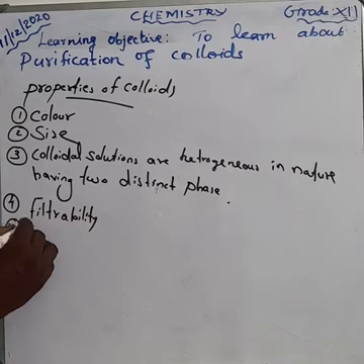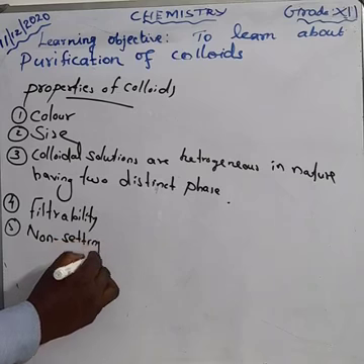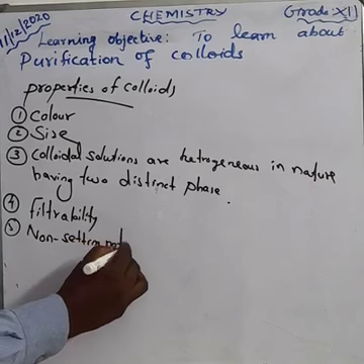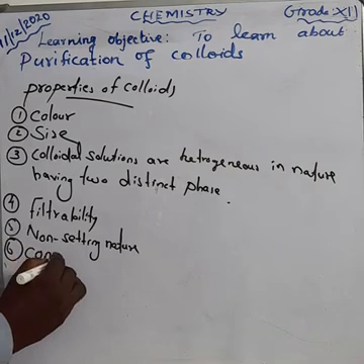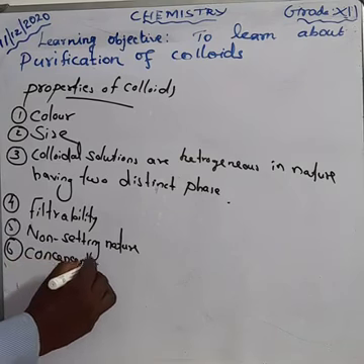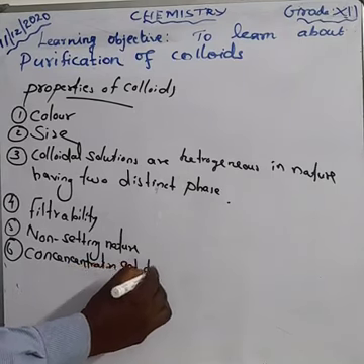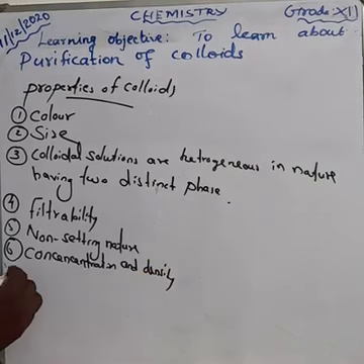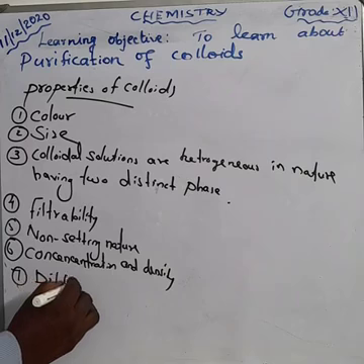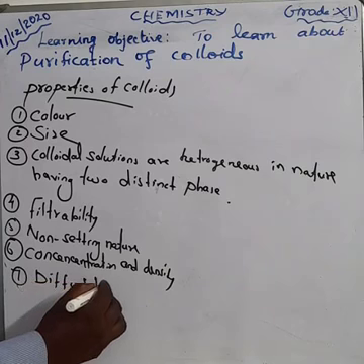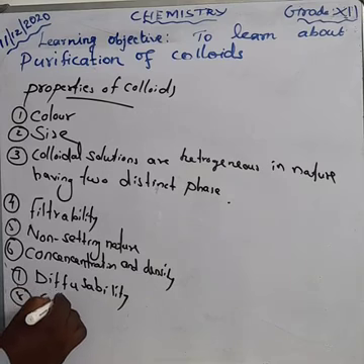Fifth one, non-settling nature. Sixth one, concentration and density. Seventh one, divisibility. Eighth one, colligative properties.